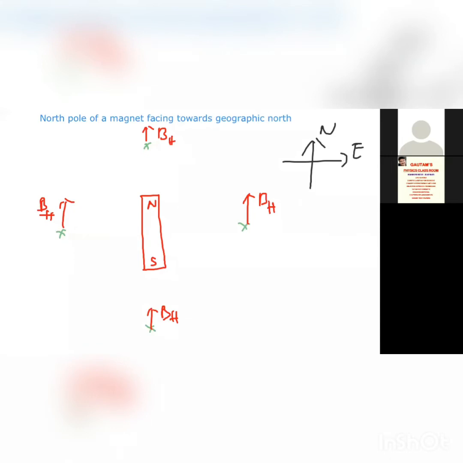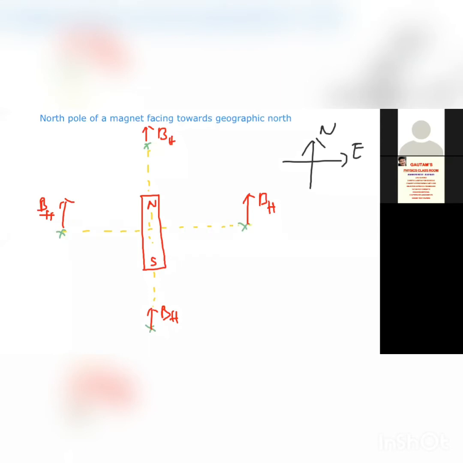Now here, if you observe, this is a north pole. Let us observe two lines. This is called the axial line, and this one is called the equatorial line.